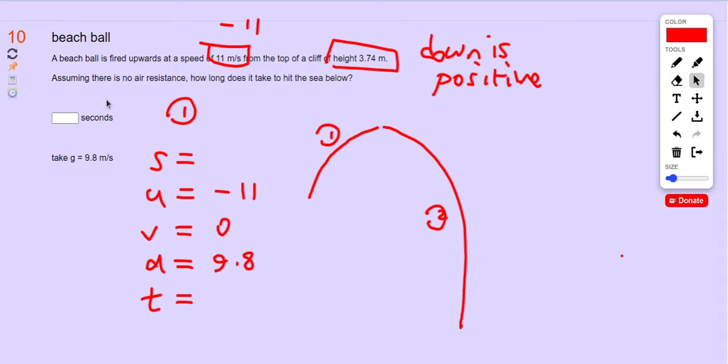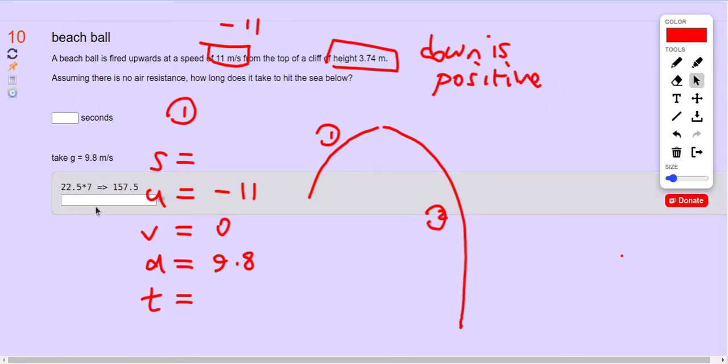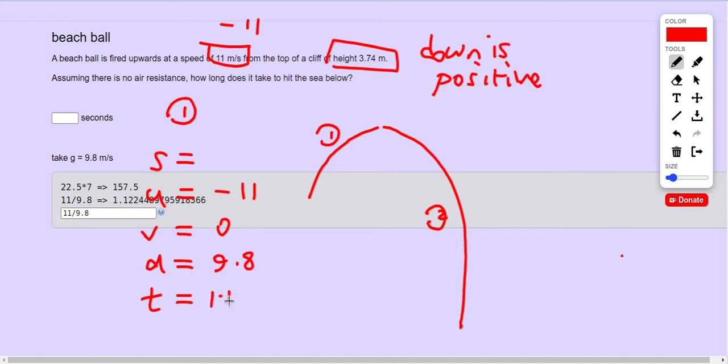So I'm going to work those two out. First thing I need to do is minus 11 divided by 9.8. So that's the time, which is 1.122 seconds.